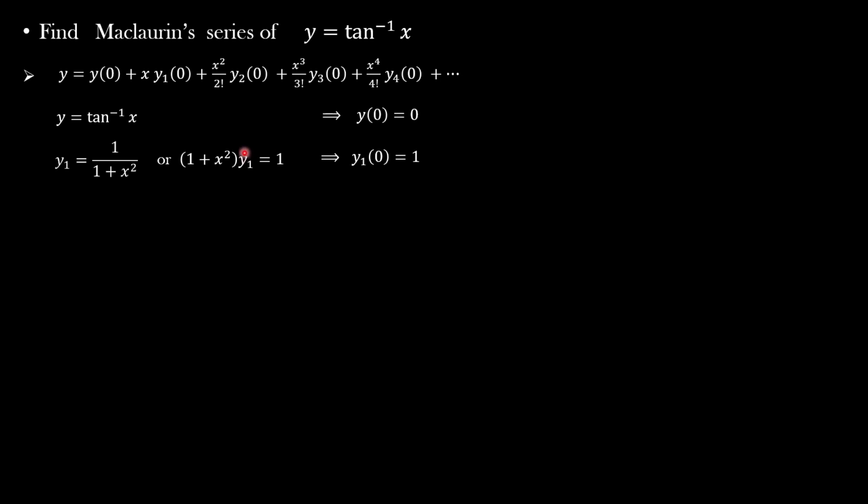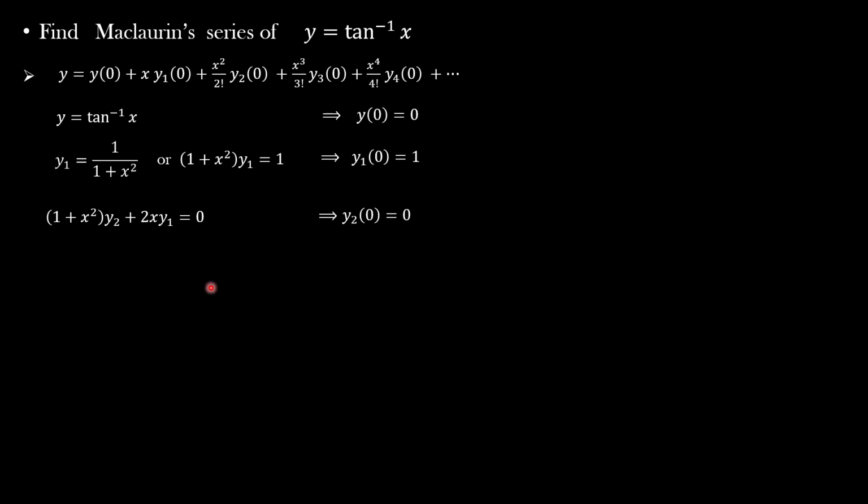Now differentiate (1 plus x square) into y1 is equal to 1 with respect to x. By product rule, 1 plus x square into derivative of y1 is y2, plus y1 into derivative of 1 plus x square is 2x, which is equal to 0, which implies y2 of 0 is equal to 0.